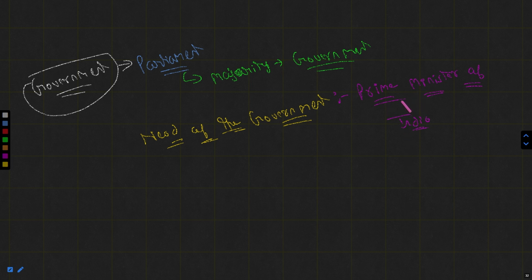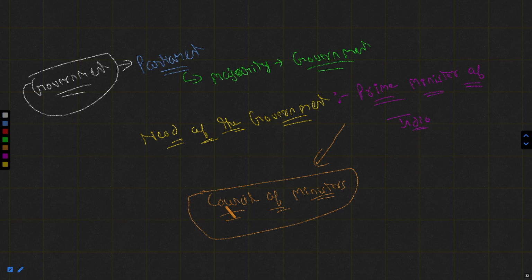And this Prime Minister cannot run a country alone. That is a very obvious thing. So that's why he has his own council of ministers. What does it mean? It means that to assist him in running the country, there will be many ministers appointed in the council.